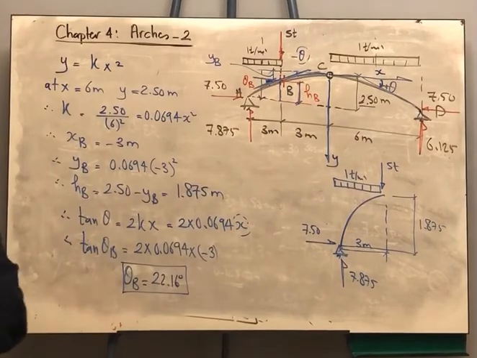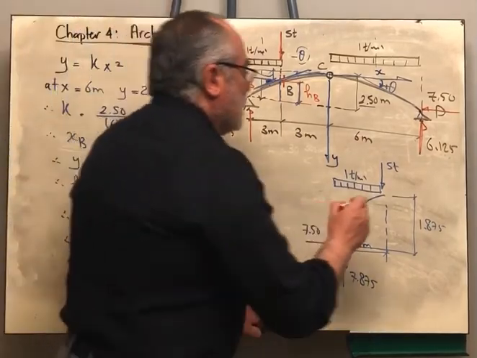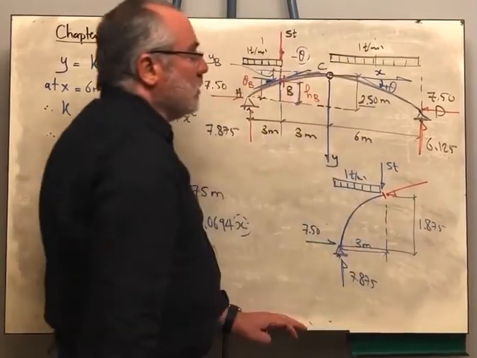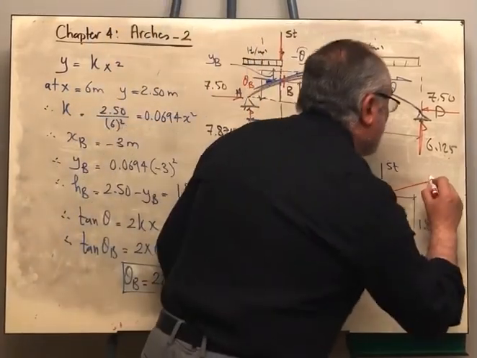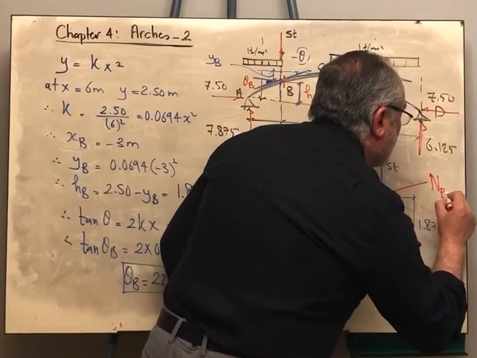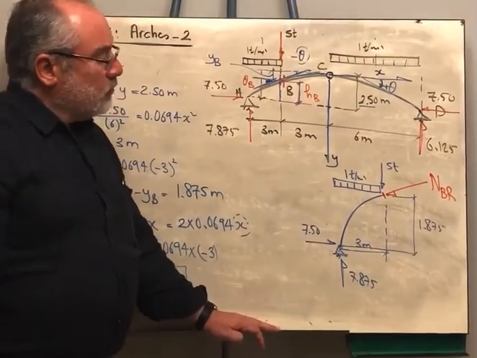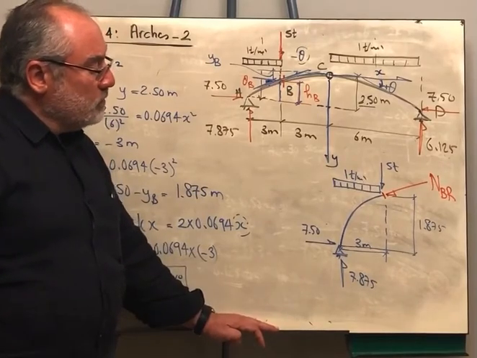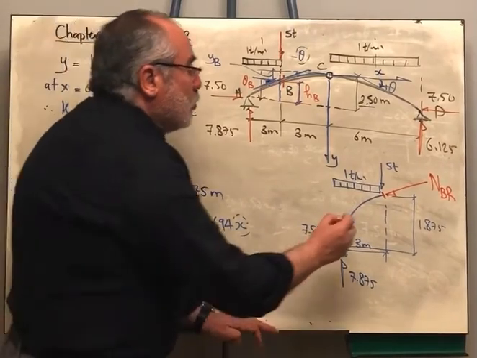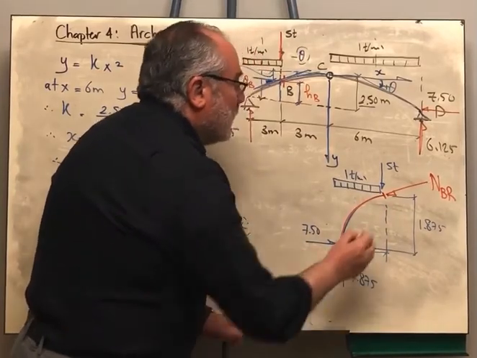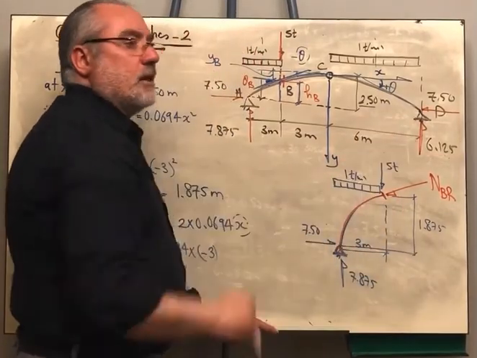The internal forces, always in the arches, there should be normal force compression. So this means that the normal force is directed towards the section. Because it is right of point B, it will be the shear and the normal force at point B, right.